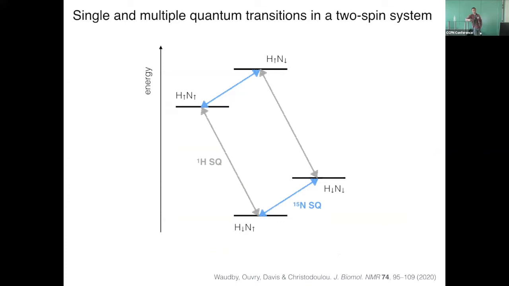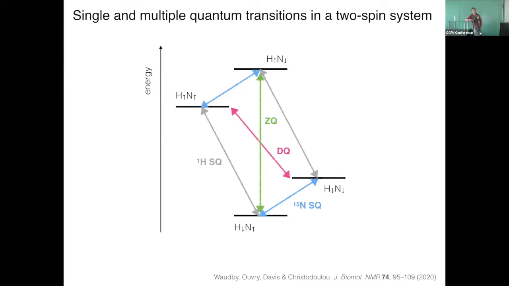So you can be in slow exchange or fast exchange in relation to the proton frequency difference, or similarly in relation to the nitrogen frequency difference. And if you hit either of these frequency differences, then that's where you start to enter intermediate exchange, so your signal gets broadened out. That can be good in one sense because it provides information on the kinetics and on mechanism. On the other hand, if you're trying to follow your signals, then it can be a bit of a pain because you lose them from your spectrum.